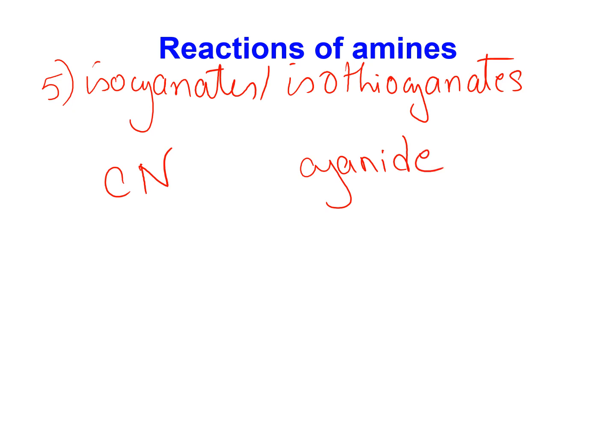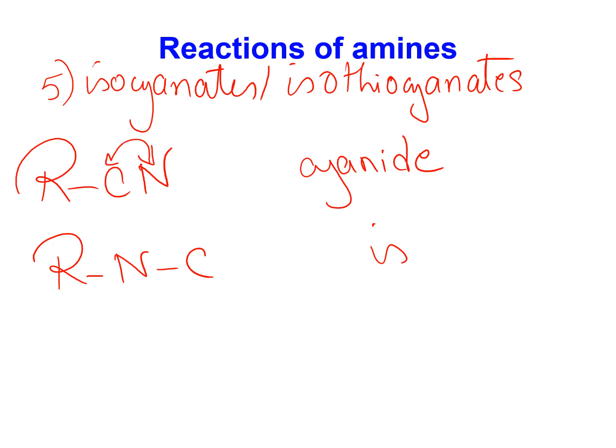In the case of the cyano group, the carbon is what is attached to the alkyl chain. In the case of isocyanides, the nitrogen will be attached to the R. So what you're doing here is a positional isomer. You're putting the nitrogen in the place of the carbon and the carbon in the place of the nitrogen. So it's an isomer, so we say that this is an isocyanide.